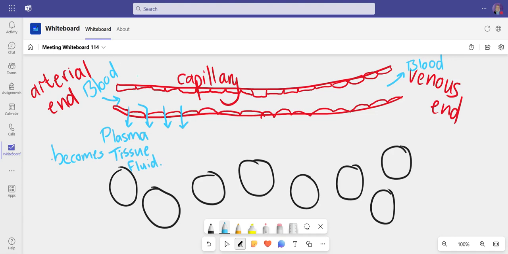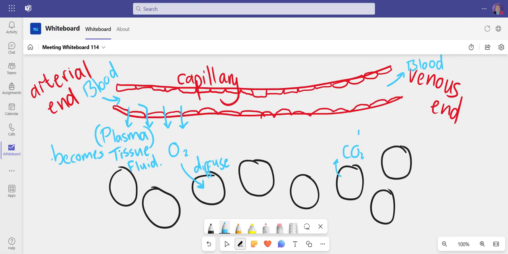Okay, so at the arterial end of the capillary, the plasma is pushed out of the capillary through these little gaps between the squamous cells. It carries with it oxygen, and the oxygen can then diffuse into the cells for respiration. The cells respire, they release carbon dioxide.